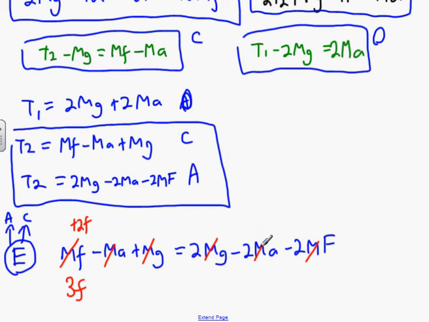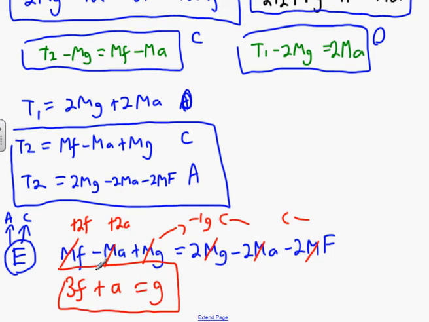And then that's minus 2a, which is going to turn into plus 2a when you bring it over to the other side. So that's going to be just plus A. That's G, which is going to turn into minus 1G. 2G take away G is just G. There is my first equation, stemming from A and C.